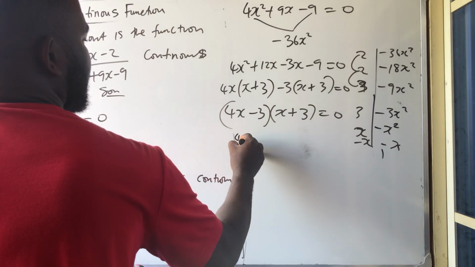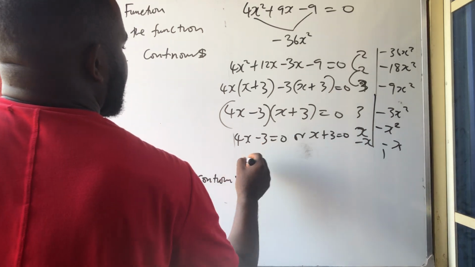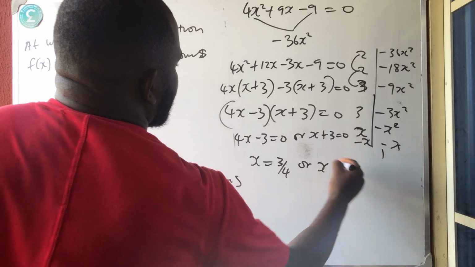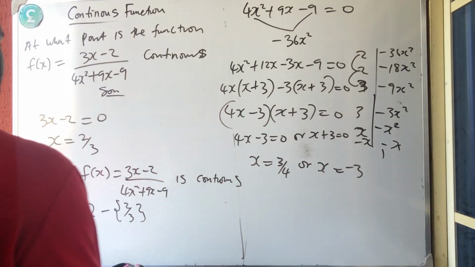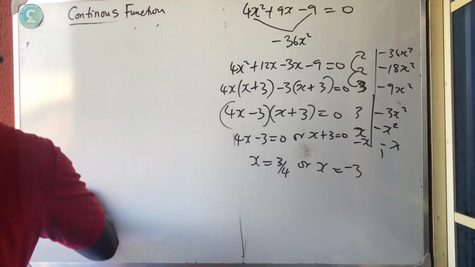So what do we have? 4x − 3 is 0, or x + 3 is 0. So therefore, x is equal to 3/4, or x is equal to −3. Now, we will say that this function is defined everywhere in R except at these two points.